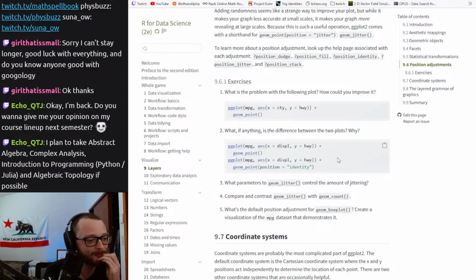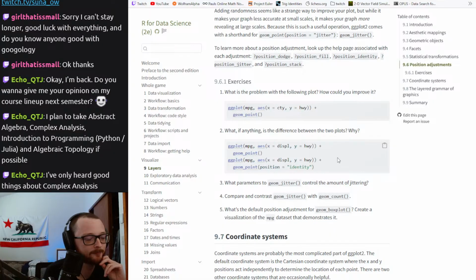I think it's easy to love. I personally would have a hard time with abstract algebra and algebraic topology because I'm just not very good at theory. You know, the complex analysis that I know wasn't super theory heavy, but it can be. Yeah, it's just a nice subject. I haven't heard of anyone who says that they dislike complex analysis.